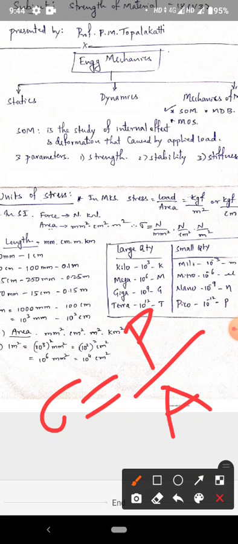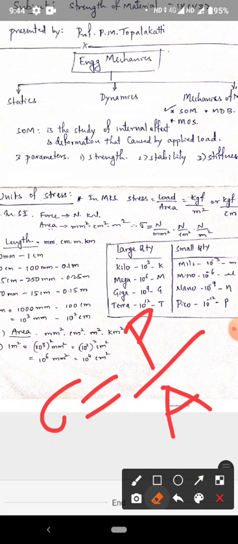Therefore the area is very important, which depends upon the geometrical shape of the material. The force P is measured in Newton or kilonewton. Area is measured in mm, centimeter or meter square. Sigma is stress, which is measured in MPa or Newton per mm square.